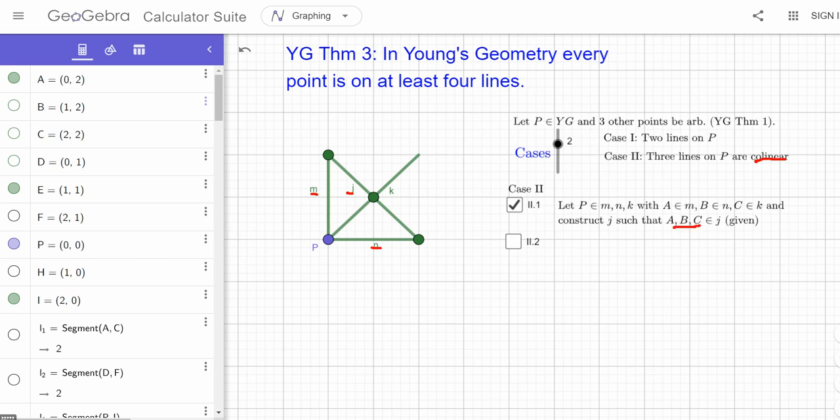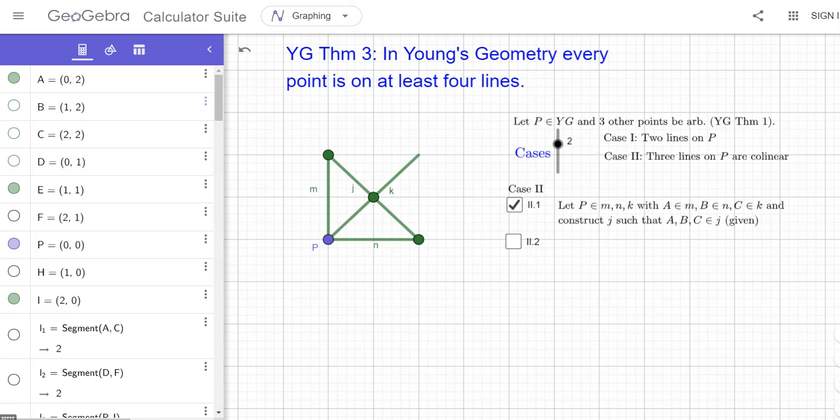So if A, B, C are collinear, then let's call the line they're on J. Those were the lines from P through the points A, B, and C. And J is this line that we're drawing here. J is this one, okay?